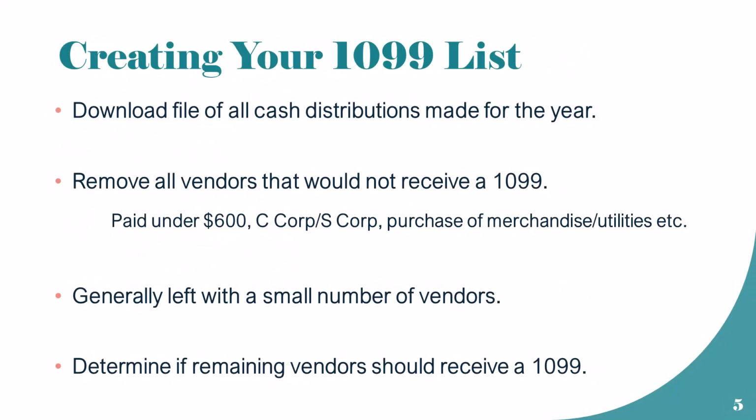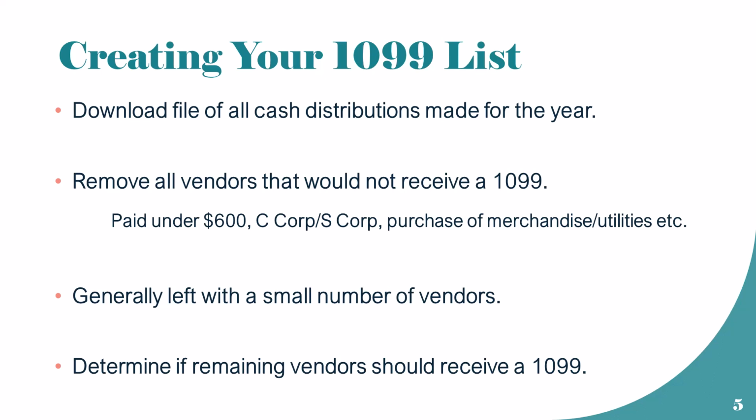So whenever I prepare a 1099 file, I typically go to the accounting software and run a cash distribution report. And then I group that report by vendor. And the first thing I do is eliminate all the vendors in which $600 or less was paid to them. I remove all C corporations, all S corporations, anyone paid through a third-party payment processor.